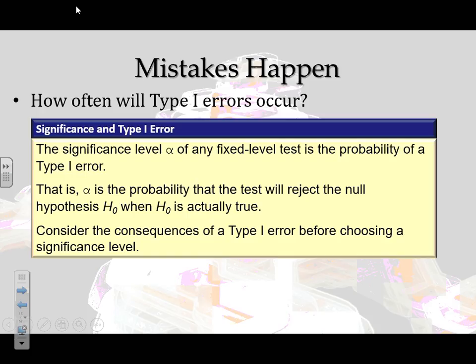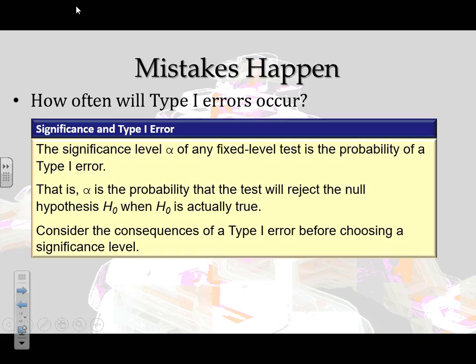So, if you're going to gather some information and run a hypothesis test, you've analyzed the situation and you've determined that a type 1 error is one you want to avoid. So you do not want to commit a type 1 error. What would you do for your alpha level? Make it very small. You want a very small alpha level because you don't want to make that type 1 error. Now, if you think type 2 is a much worse consequence, think about how type 1 and type 2 would be related.